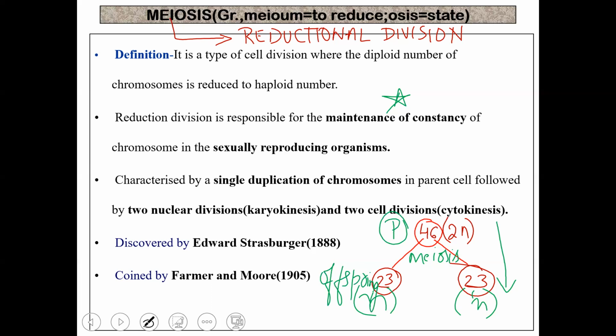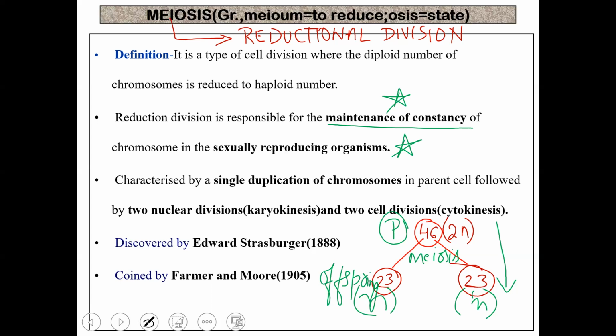The chromosomes undergo recombination. So this recombination and the variation will lead to diversity in the chromosomes. That in turn will lead to evolution, right? So maintaining that is a very important step in case of meiosis, and it is a characteristic feature only of sexually reproducing organisms.